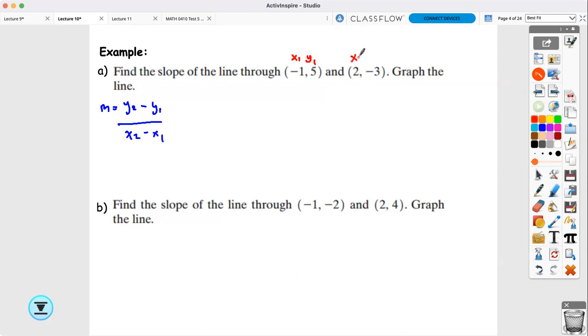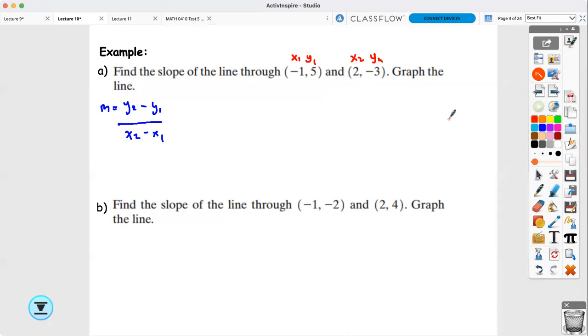Now I'm gonna call the second point x2, y2. Now it's very important that you can label any point as you prefer. You can have x1, y1 on the right and x2, y2 on the left, as long as x1 is with y1 and x2 is with y2.